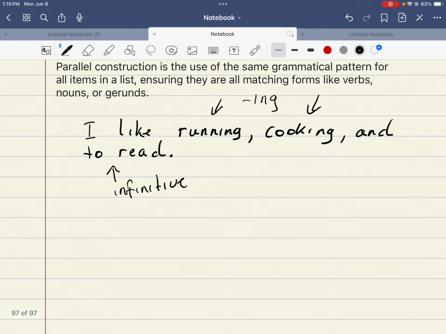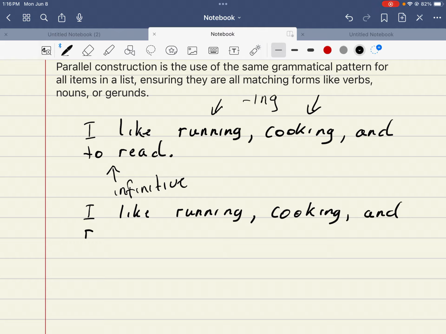So the quick way to fix this, of course there's multiple ways to fix this, but you can just say, and again you can always pause the video and see how you can fix this, and you can put it in the comments. So I like running, cooking, and reading.